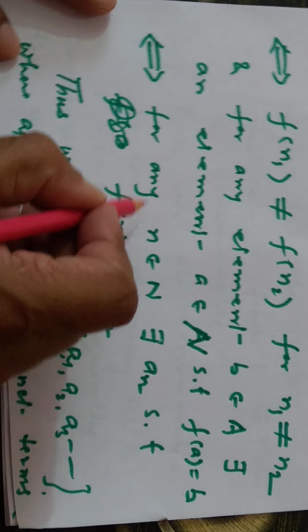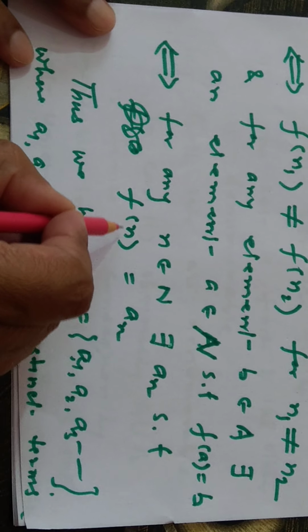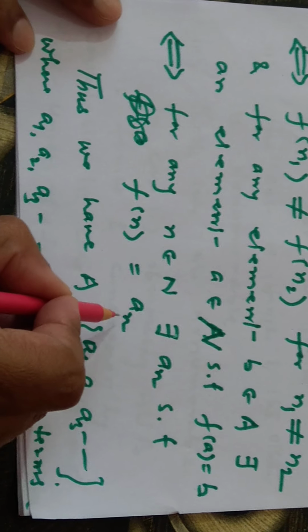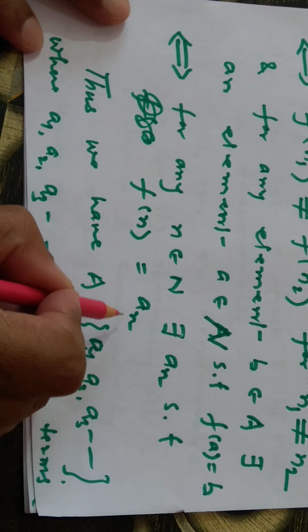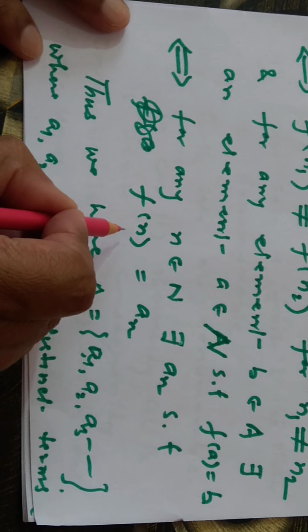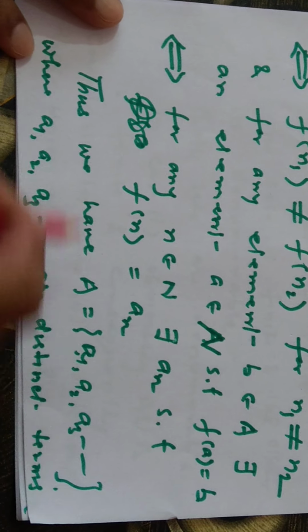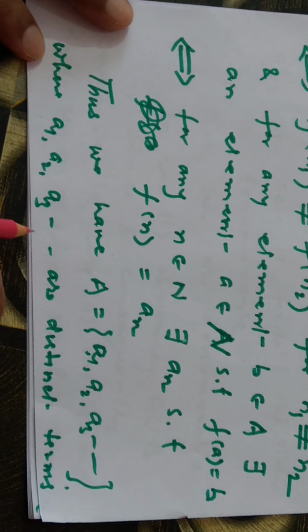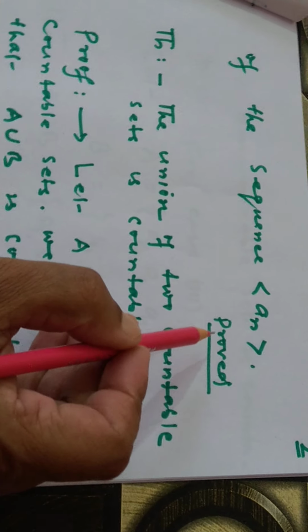Thus we have f(1) is a1, f(2) is a2, f(3) is a3. It states that for each natural number we get a distinct term of the sequence a_n. Thus we have A equal to {a1, a2, a3, and so on}, where a1, a2, a3 and so on are the distinct terms of the sequence a_n, and hence the theorem is proved.